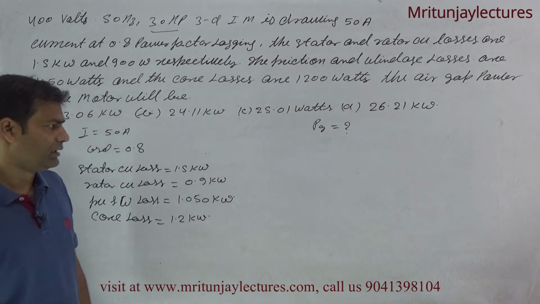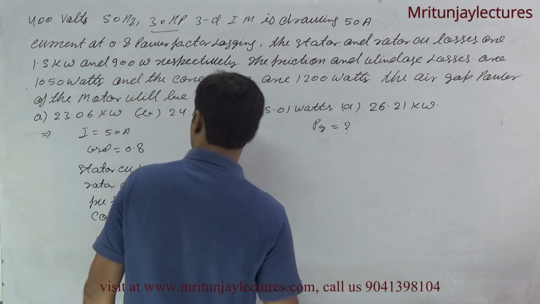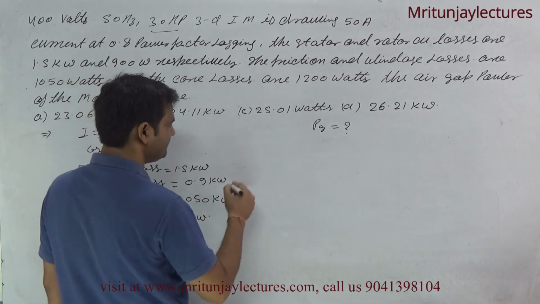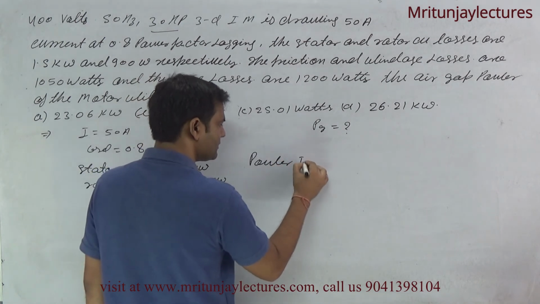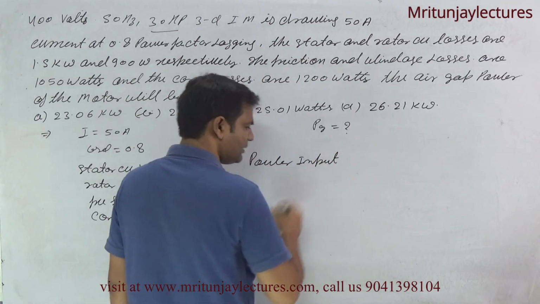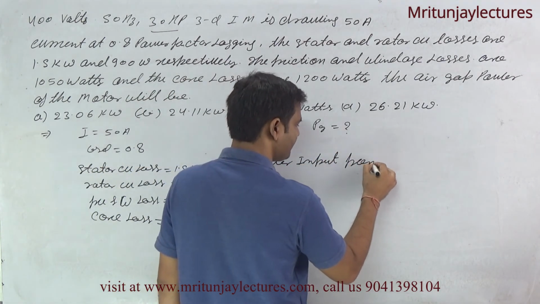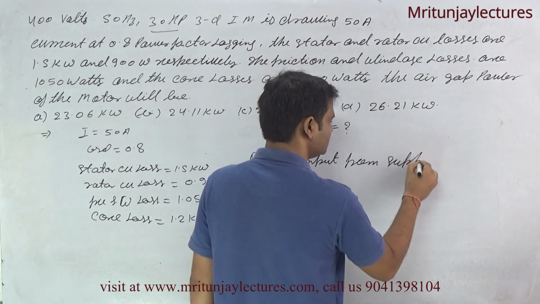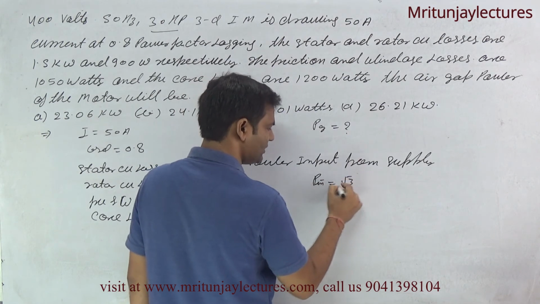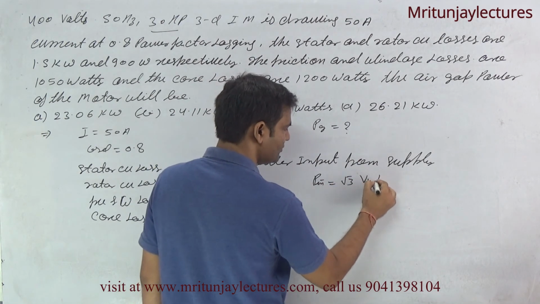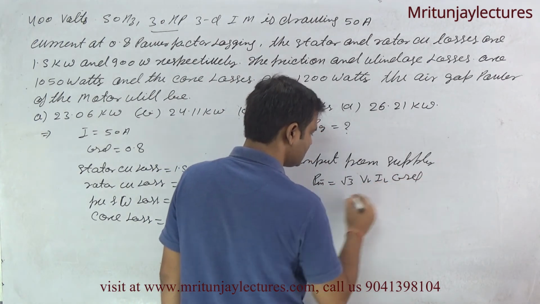Now the input power, or you can say the power input from the supply. P input, for three phase, is equal to √3 times VL into IL cos phi.